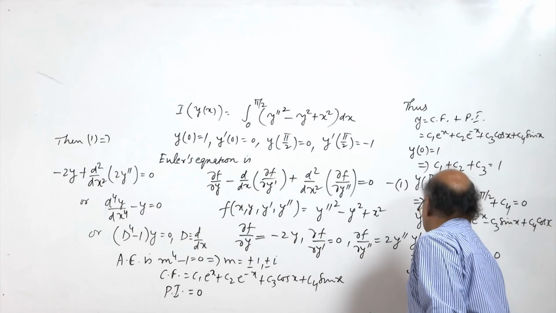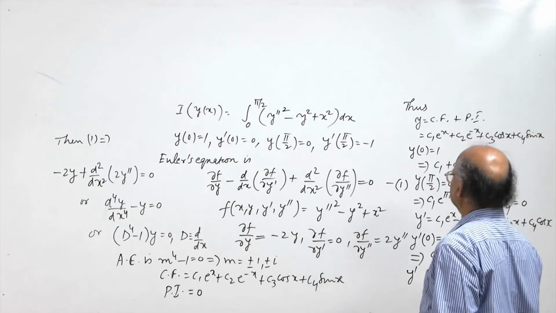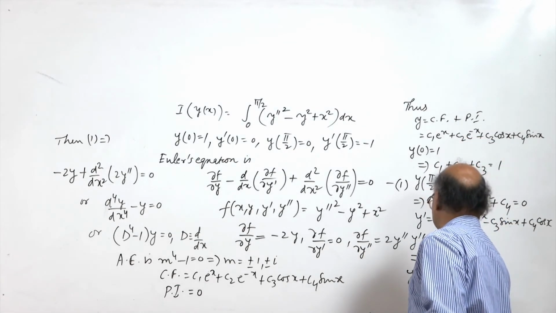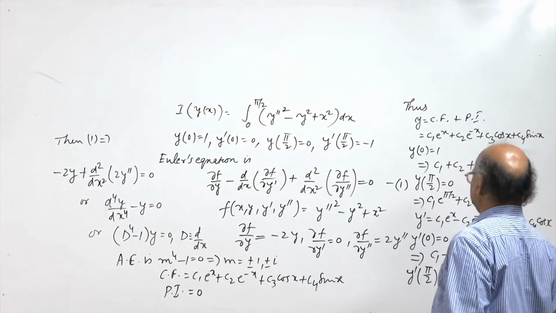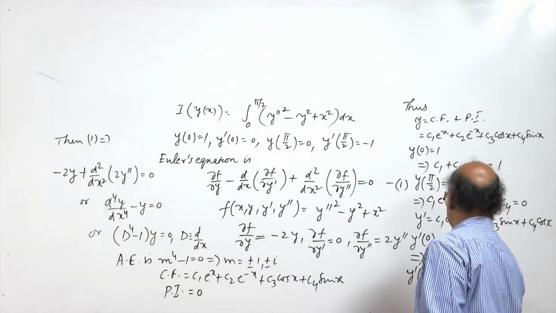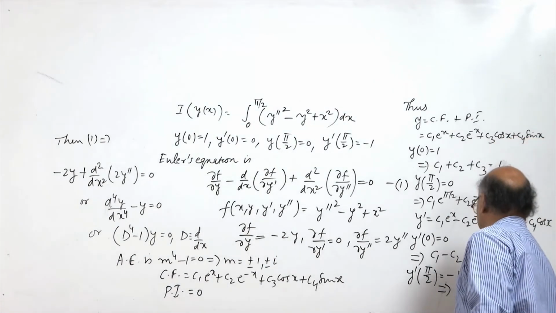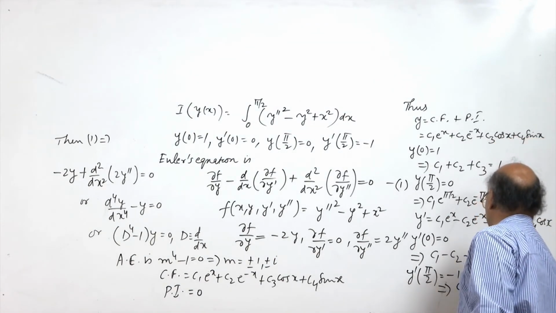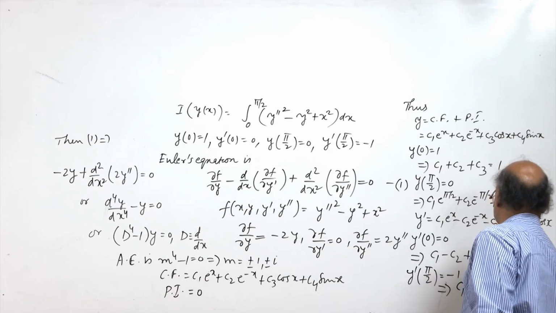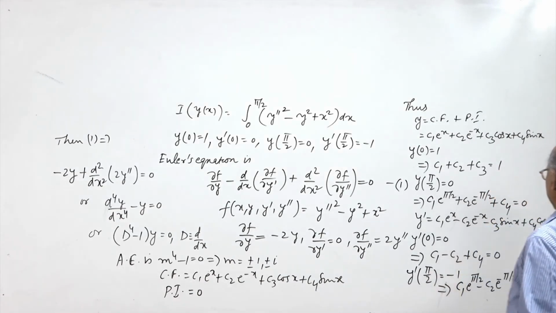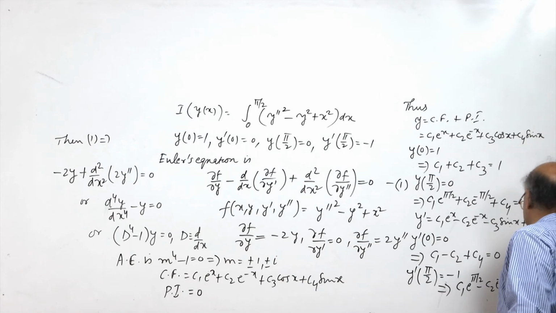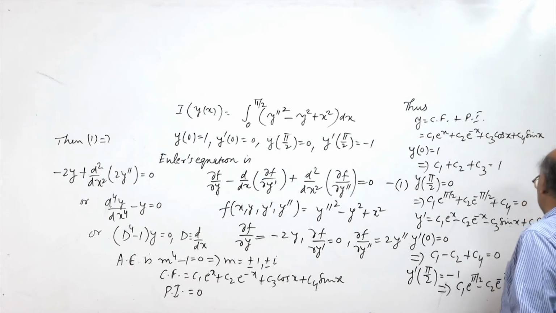And then y dash pi by 2 is equal to minus 1. So when we put pi by 2, c1 e to the power pi by 2 minus c2 e to the power minus pi by 2, and we get minus c3, it is equal to minus 1.